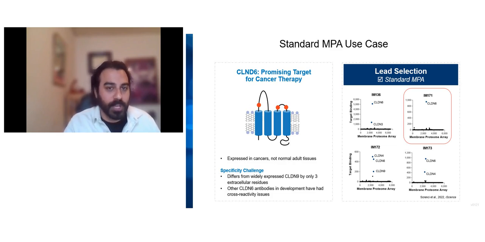Claudin-9 differs from Claudin-6 by only about 3 extracellular amino acids. As you can see here on the right side of the slide, some of these molecules did demonstrate a fair amount of polyspecificity, but out of this cohort, we were able to identify one that was specific only to Claudin-6, and that was advanced further for development.